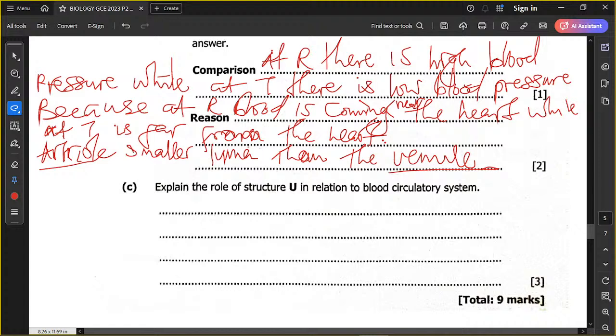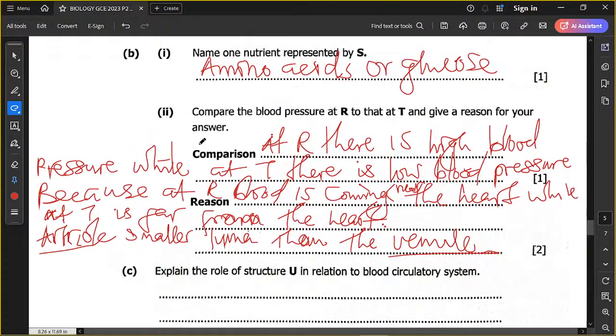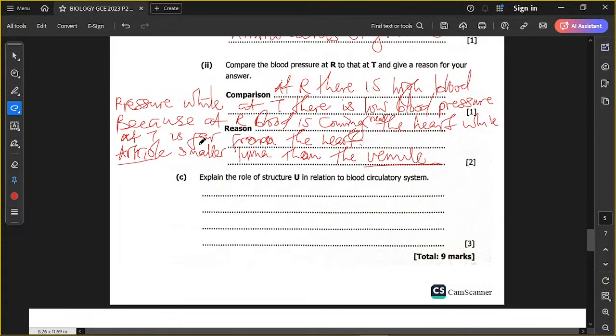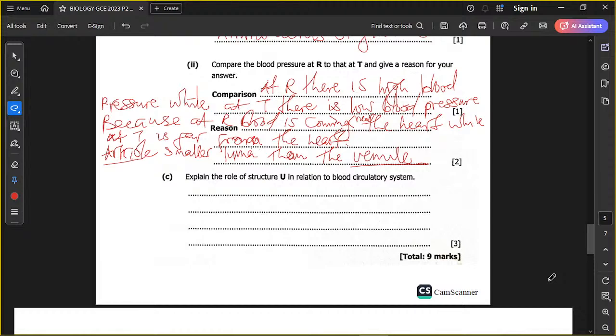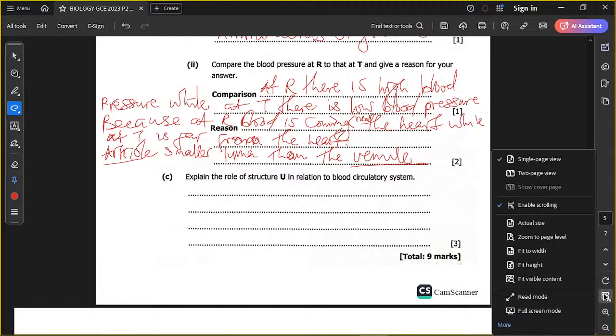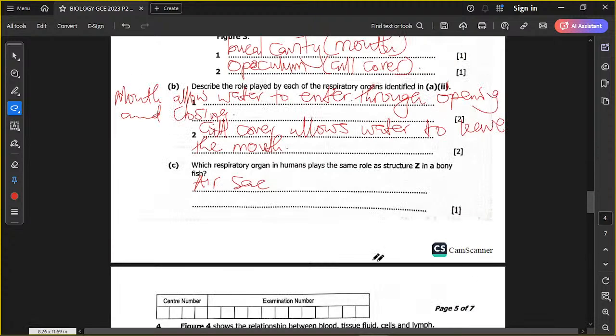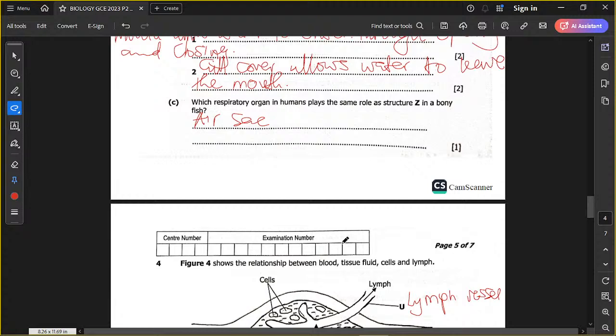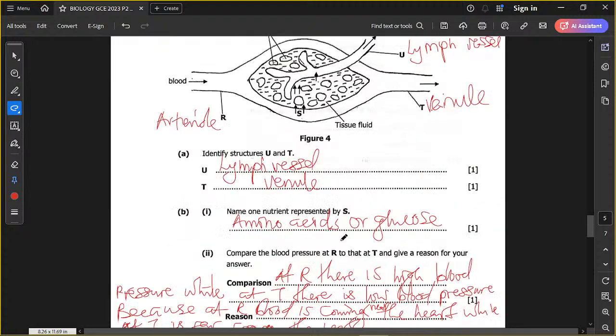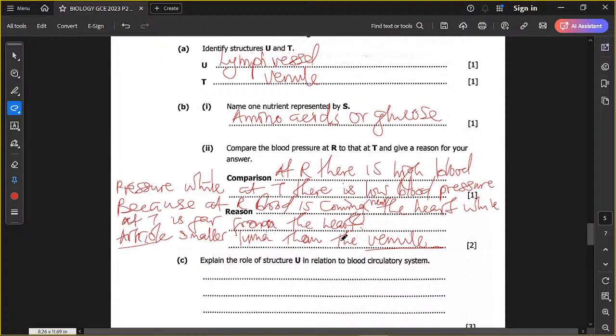Okay, we come to question 4C, which is: explain the role of structure U in relation to the blood circulatory system.